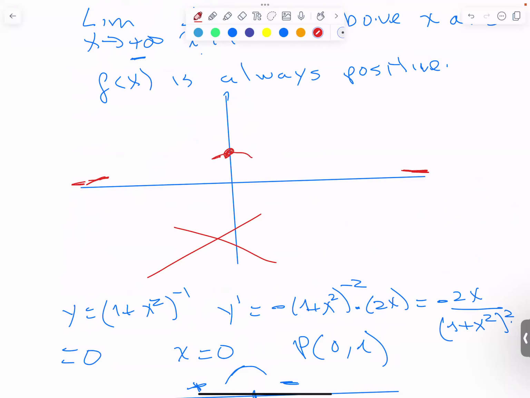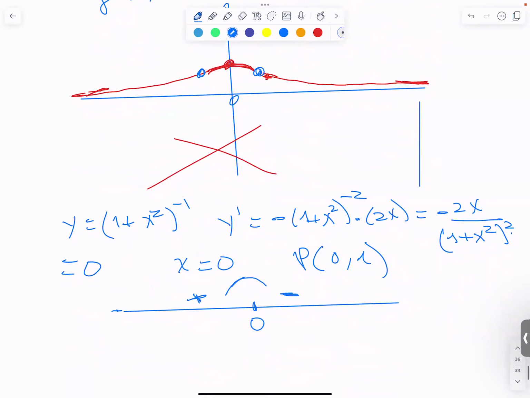But look at this: at the local maximum the concavity is concave down, and here it is concave up. That means there has to be some inflection point. By logic, we have an inflection point here also.